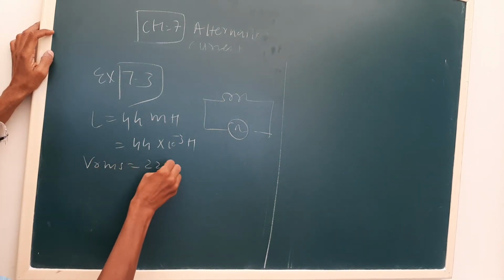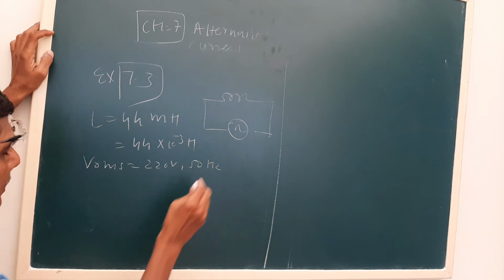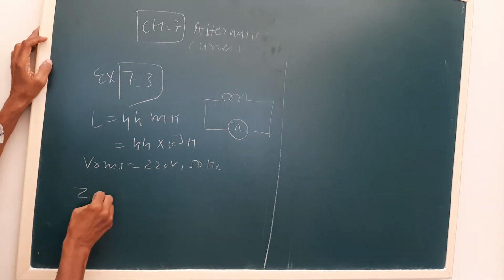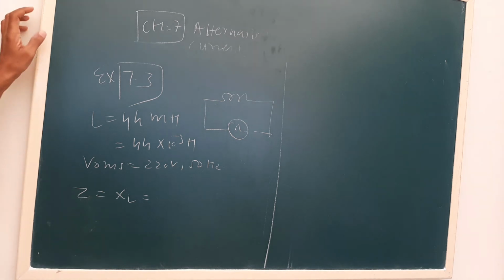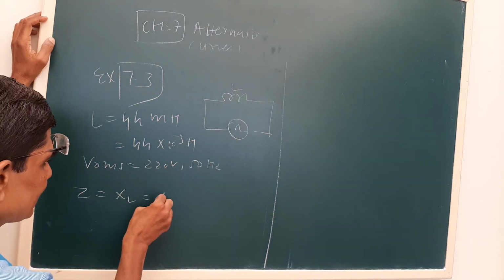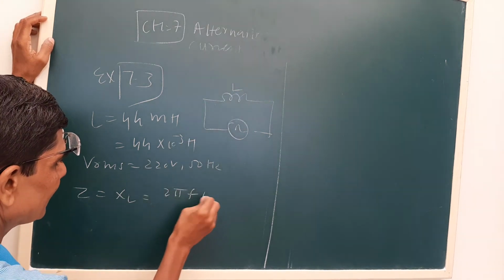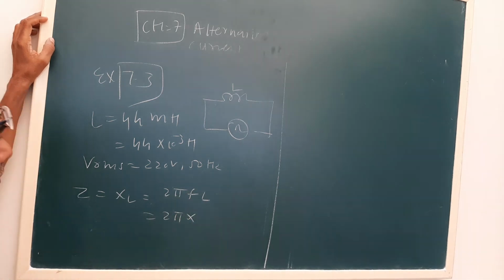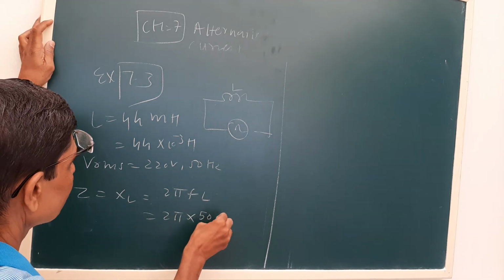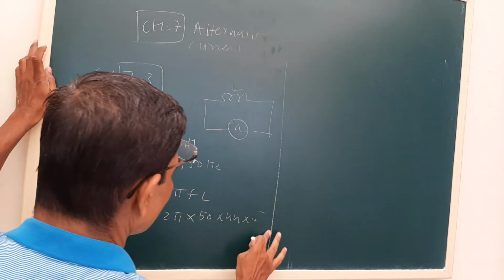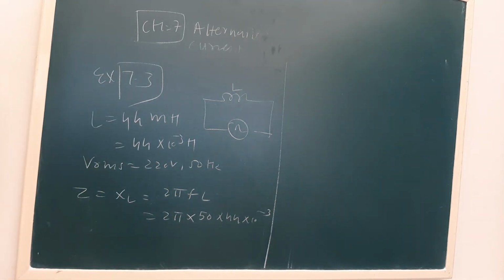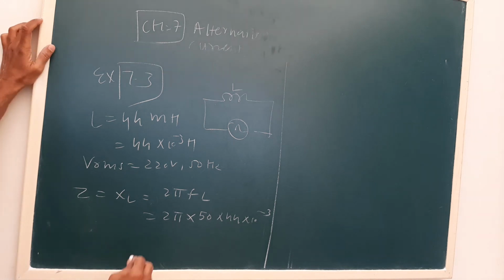VRMS is 220 volt. Now see here, the impedance is only due to inductive reactance. XL is 2 pi FL. F is 50, 44 into 10 to the minus 3. So you can calculate that as 13.81.